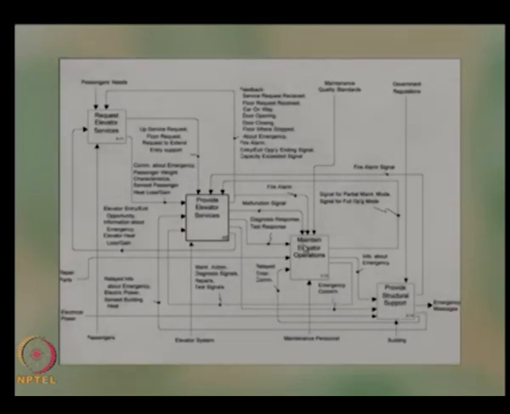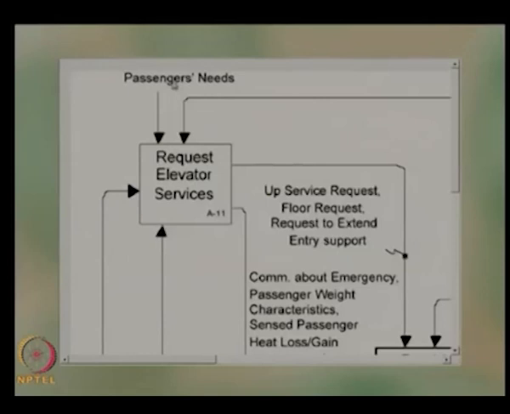The maintenance personnel's basic function is to maintain the elevator operations, and there is an interaction between this and providing the main elevator function. The passengers request elevator service, and they will be interacting with the elevator through various means of data input and output. So this is the general external systems and their interaction with the main system for the elevator case study.